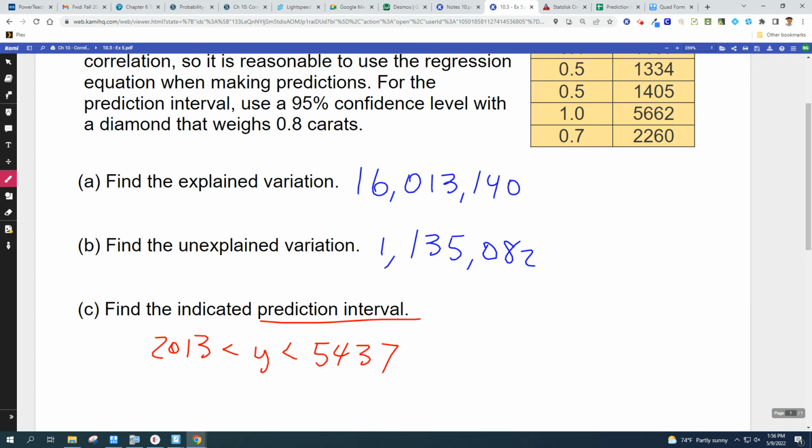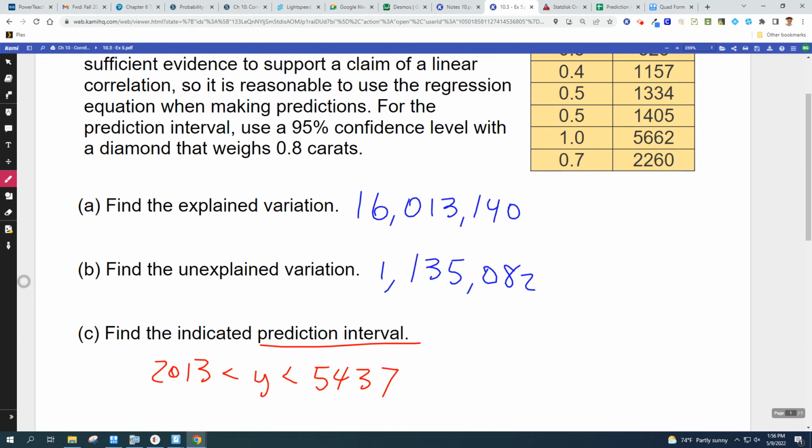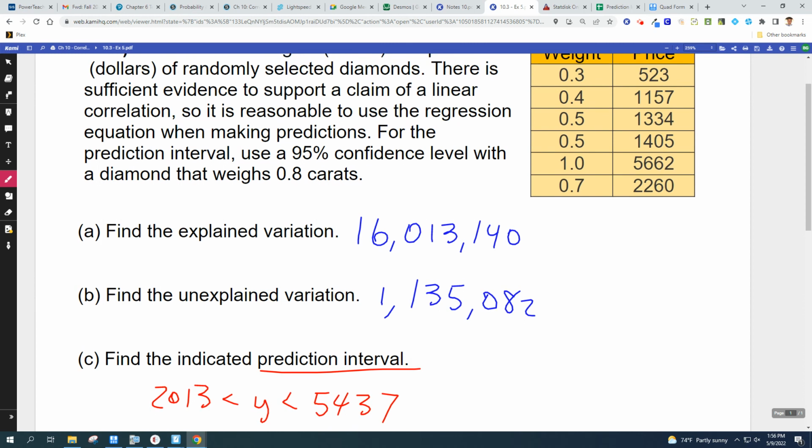Now, again, think about what you're talking about here. In this problem, the variables were weight and price. Weight and price. So which one are we talking about here? Are we talking about weight or are we talking about price?